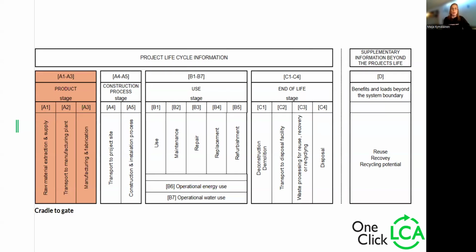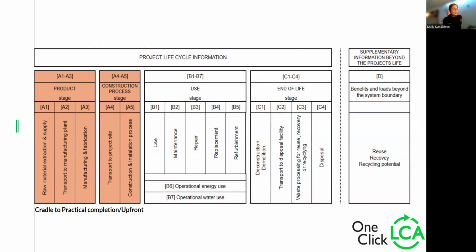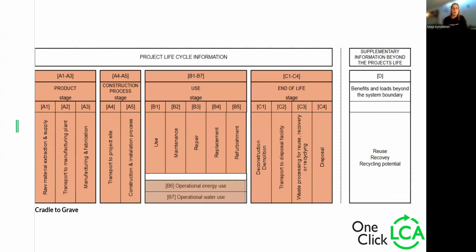So if we're looking at other kinds of assessment types, so this is the cradle to gate, so A1 to A3, and this only considers the initial material impacts of a product. And if we include the transportation and construction impacts, we have cradle to practical completion, as we saw also in the other picture.